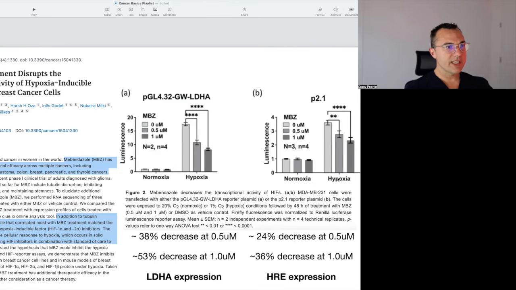Then they looked at the entire hypoxia response element and how it was expressed in hypoxia with varying degrees of mebendazole. We see that at 0.5 micromoles of mebendazole, about a 24 to 25% decrease in expression, and about a 36% decrease at 1 micromole.